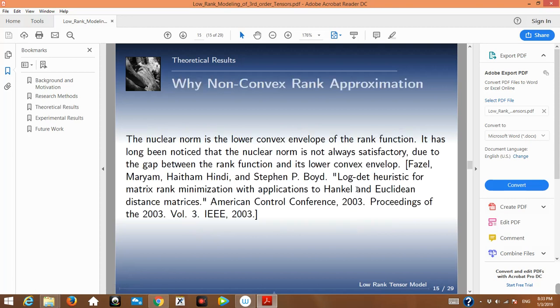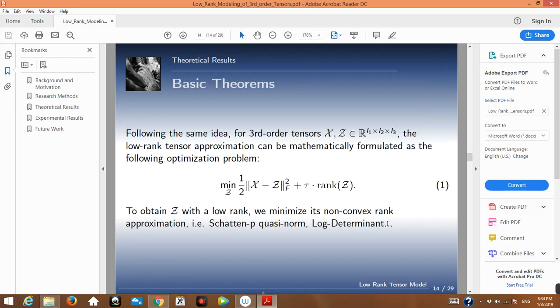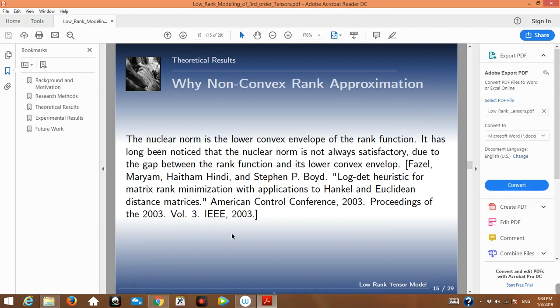Before, people used the nuclear norm to approximate the rank function. However, it has long been noticed that there's a gap between the nuclear norm and the rank function. So this is the reason why we want to use non-convex rank approximations.